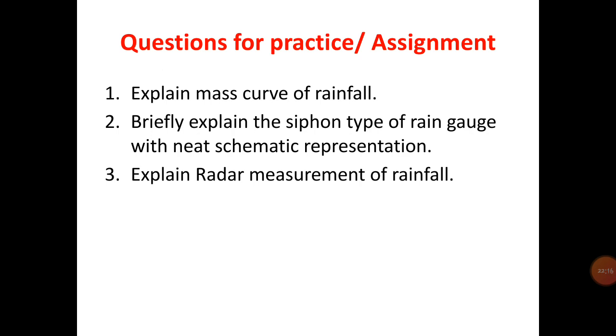The questions for practice are: explain the mass curve of rainfall, where you need to explain what a mass curve is and how it is plotted; and briefly explain the siphon type of rain gauge with a neat schematic representation, where you have to draw the schematic representation of a rain gauge, mark all the details and explain the working and principle of the siphon type rain gauge.